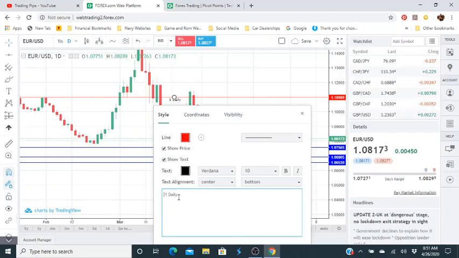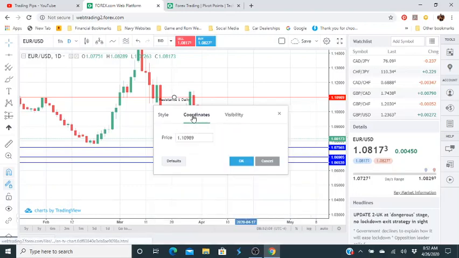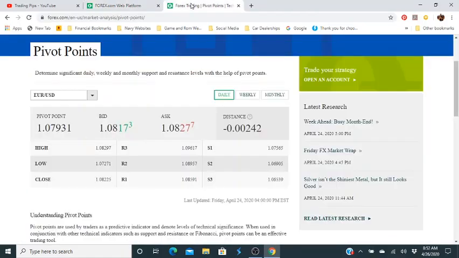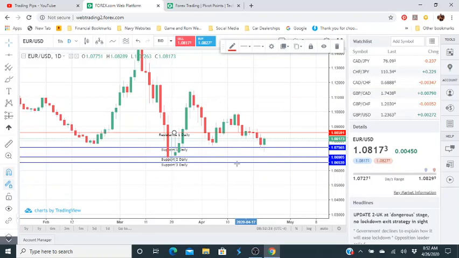So it's going to say resistance 1 daily. We're going to go to visibility. We have days only. We're going to click on coordinates, and we're going to go back to the Forex website, and we're going to say resistance 1 was at 108.591. And 108.591. We're going to click on OK. And now we have our first resistance line.